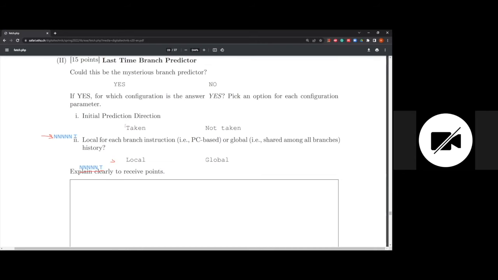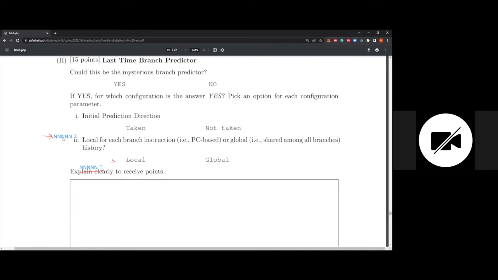Okay, maybe I will go over one example. Assume that the initial direction is not taken, and then we use a local branch predictor. When we look at each branch individually, the first outcome will be correctly predicted.